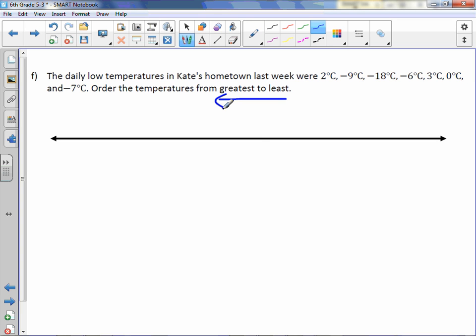We'll put 0 here, and this time 0 is part of our set, so we can add that in.